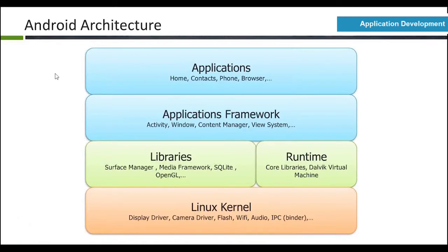The application framework communicates with the Linux kernel through the C libraries which are present at the very bottom level. Those are the embedded libraries, and they directly communicate with the Linux hardware.